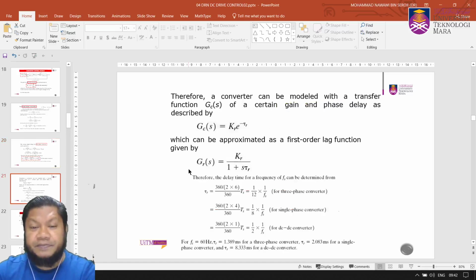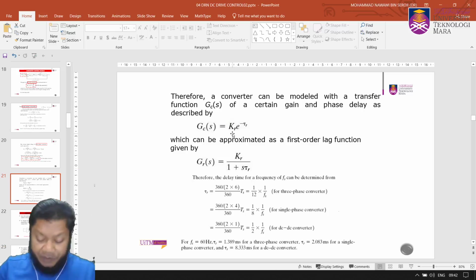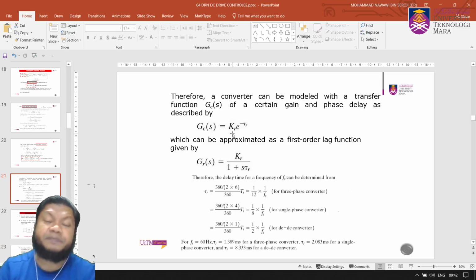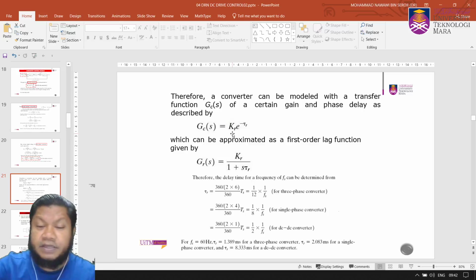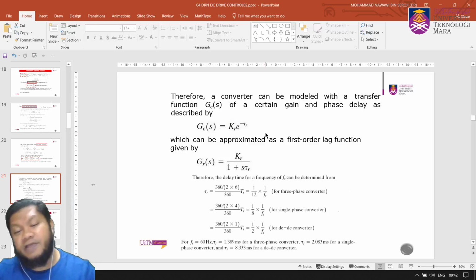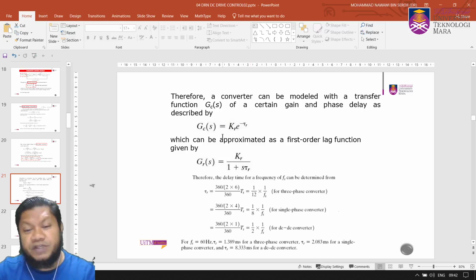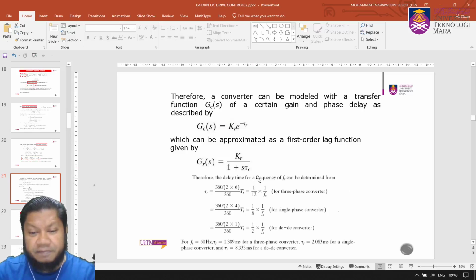Right. So next, therefore, a converter can be modeled with a transfer function GC(s) of a certain gain and phase delay as described by this equation. So you have KR and you have three different converters: the DC-DC converter, the single phase converter and the three-phase converter, and that represents the transfer function of the converter itself. You can also represent this in terms of 1 plus s tau R, and tau R is known as a delay time.